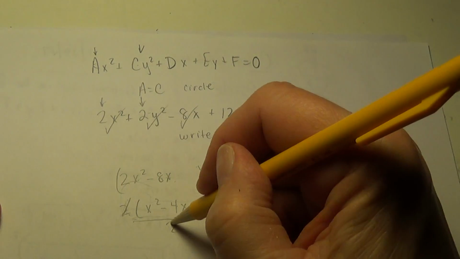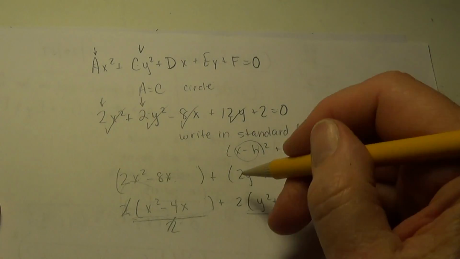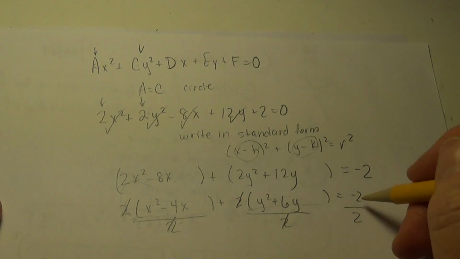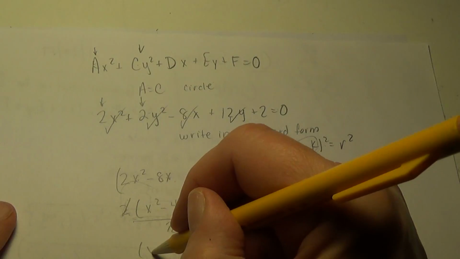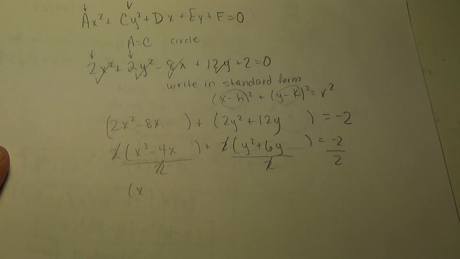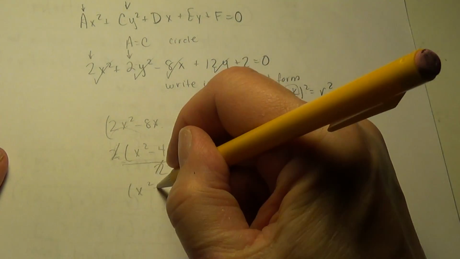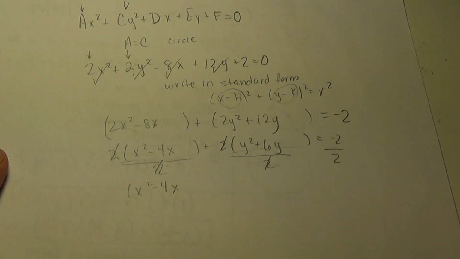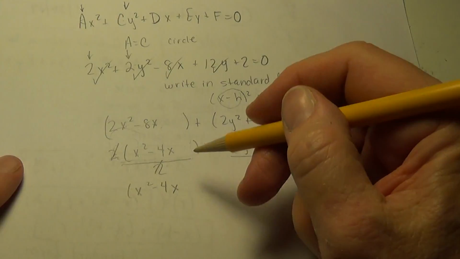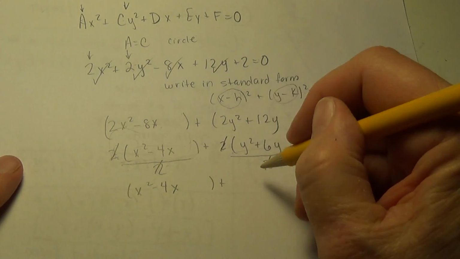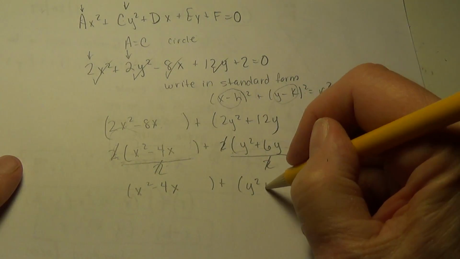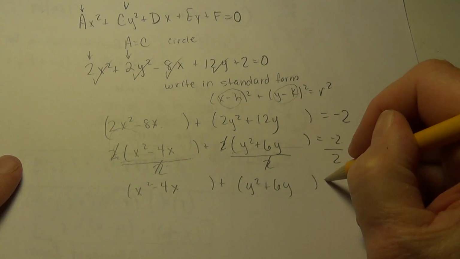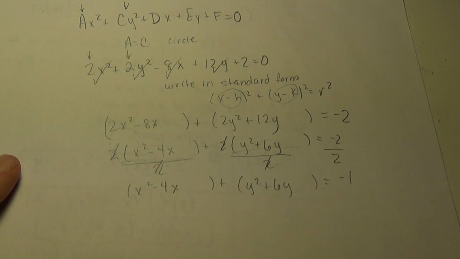So when we go like that, we've taken care of it. And like that. And so we're left with x squared minus 4x plus y squared plus 6y equals now minus 1.